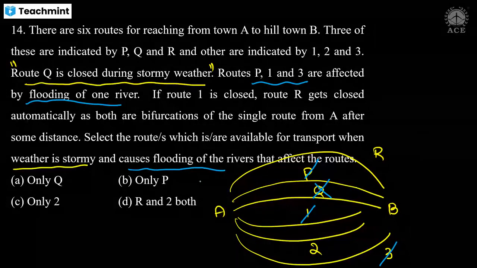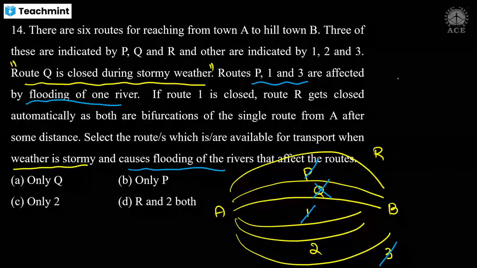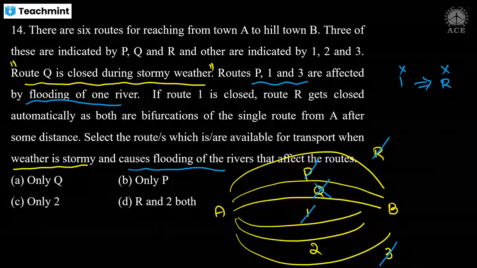Next, they mention that when route 1 is closed, automatically route R gets closed. Yes, 1 is already closed, R also will get closed. Now the only path if you want to move from A to B is route 2, option C.